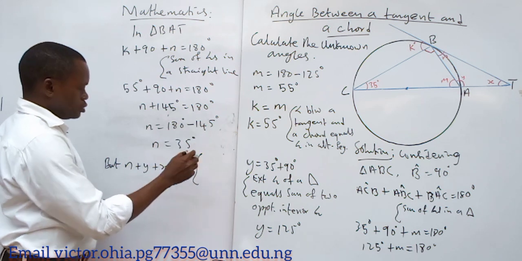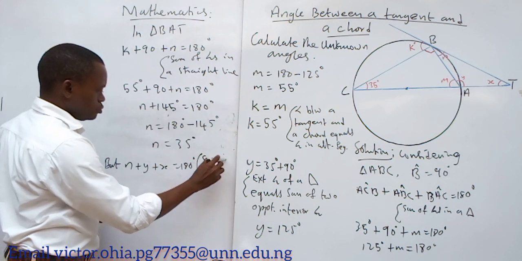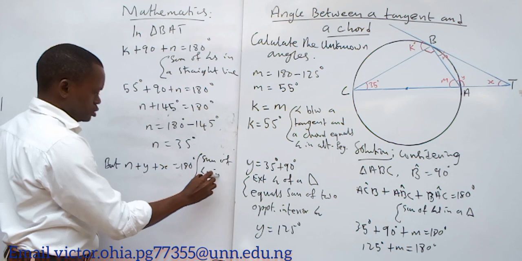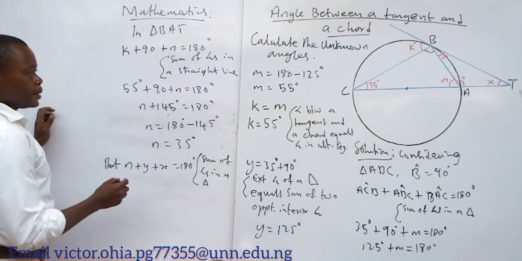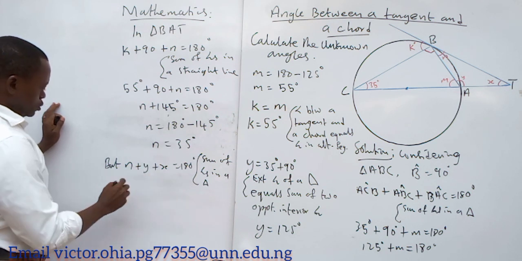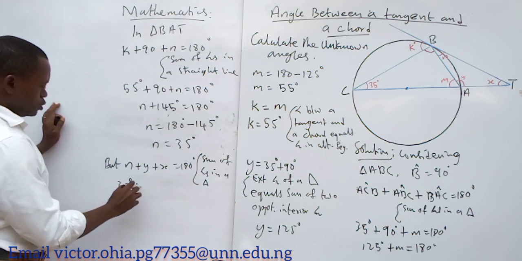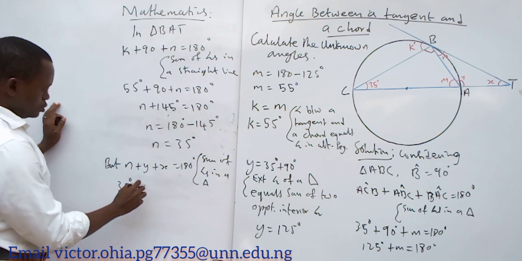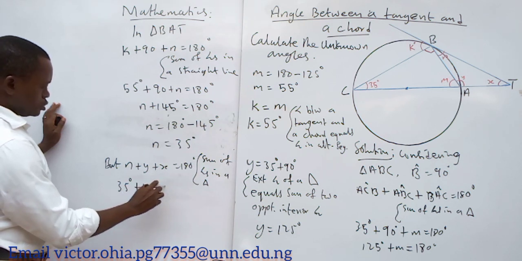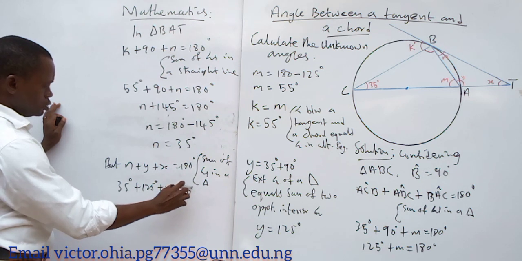What am I talking about here? Sum of angles in a triangle. So that's what makes this. What is n? 85 degrees plus y is 125 degrees plus x equals to 180 degrees.